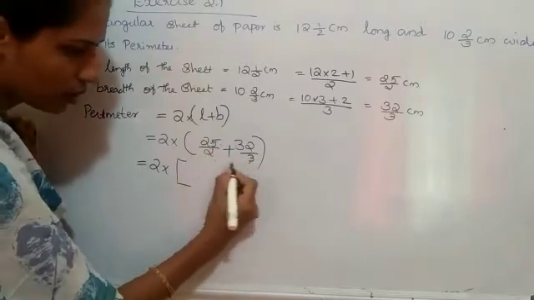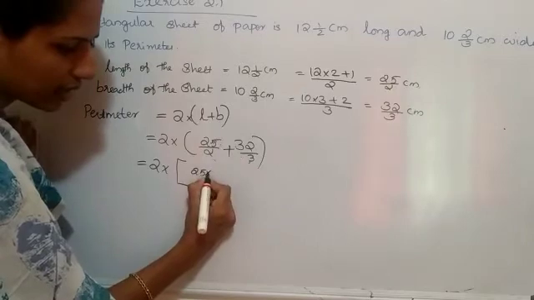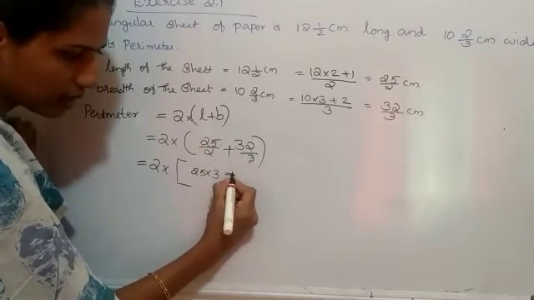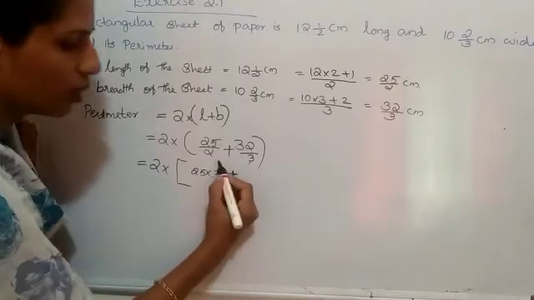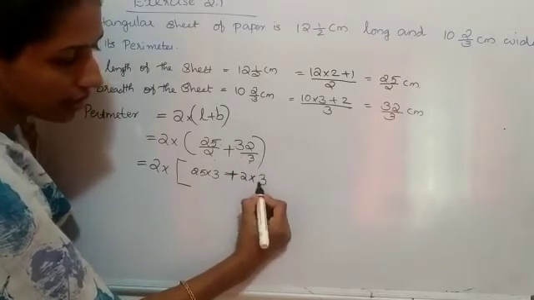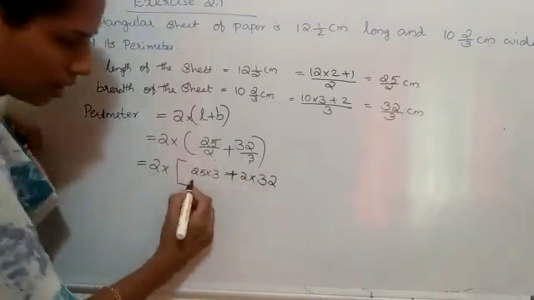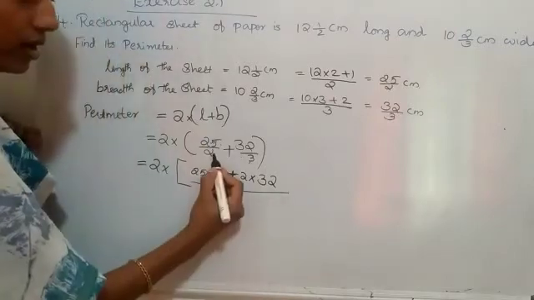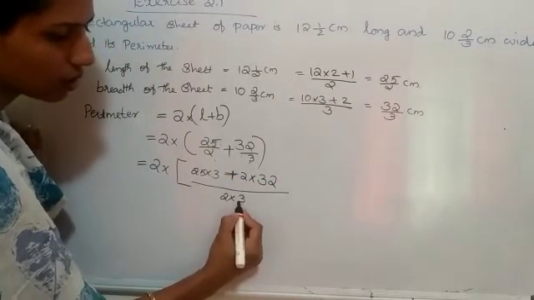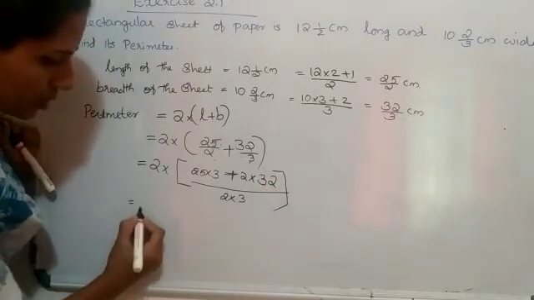So I am going to do it like this: 25 into the second denominator, plus, keep the plus sign here. Now this denominator into the second numerator. So the numerator part is over. All divided by 2 into 3, multiplying both denominators. Okay. So here also the 2 is there.